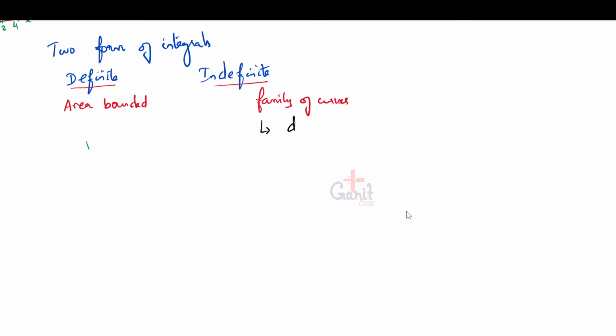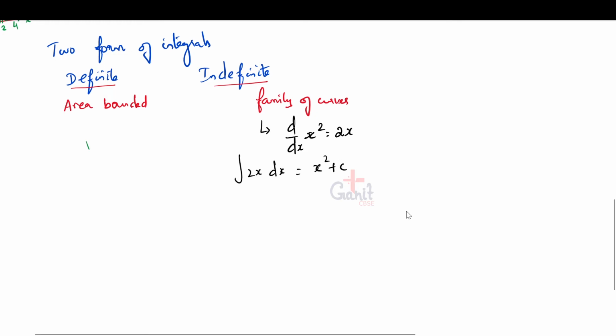We can take the same example, dy by dx of x square. If you differentiate, you will get 2x. If you integrate 2x with respect to dx, you will get x square plus c. So it can be x square plus 1, or x square minus 1, or x square plus or minus 4.